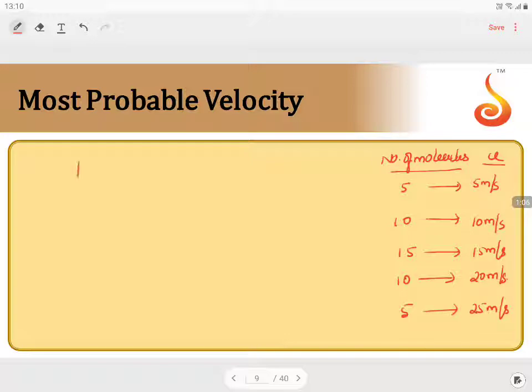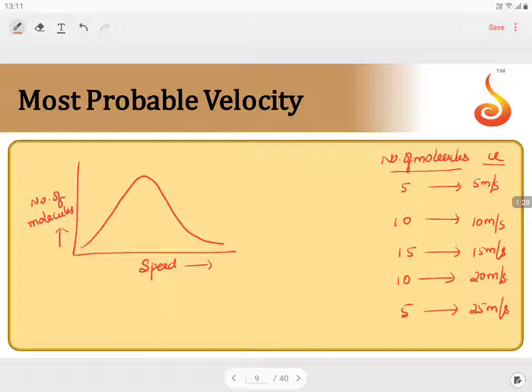If you drop them on a graphical representation, the fraction of molecules or the number of molecules on the y-axis, and their respective speed or velocity on the x-axis, I'll get a graphical representation showing an increase and a decrease, where you can see the maximum will be attained.